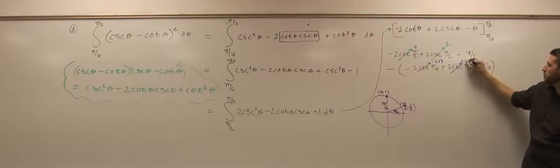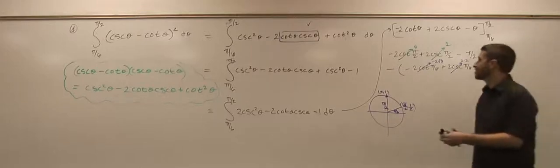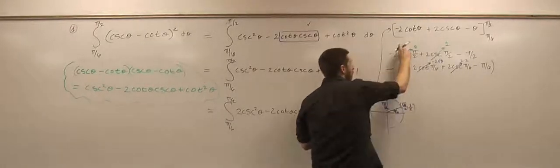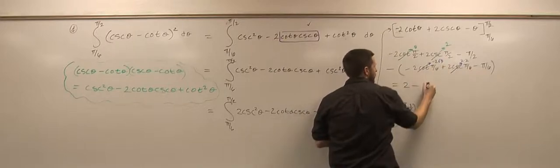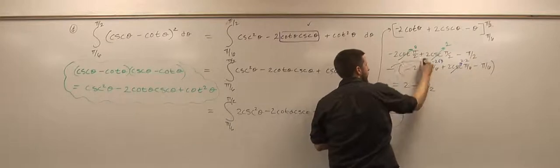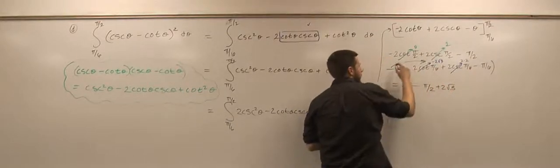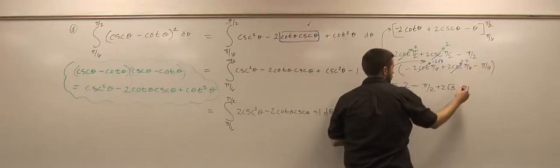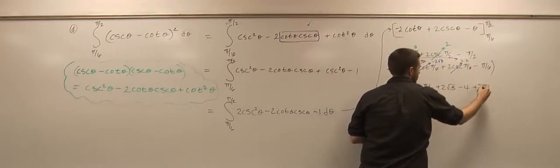So 2 times 2 minus pi over 6. So gone, 2 minus pi over 2. Distribute out this negative. Negative times negative will give you plus 2 root 3 minus 4 plus pi over 6.